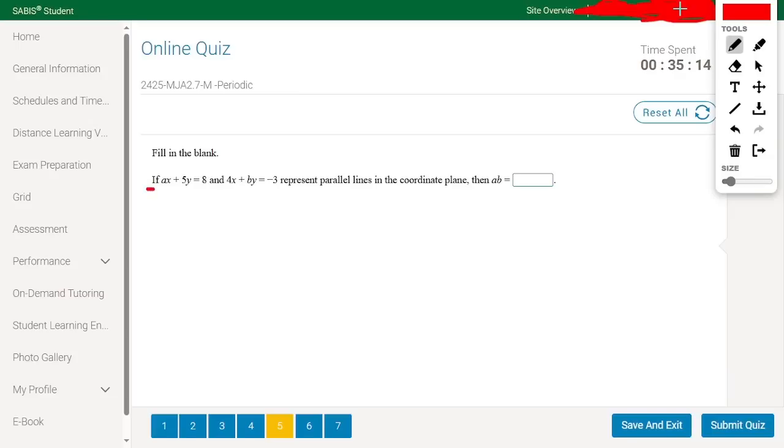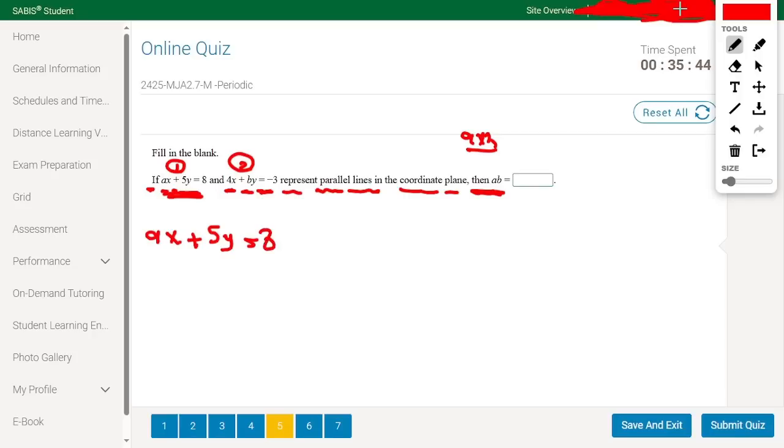Fill in the blank. If ax plus 5y equals 8 and 4x plus by equals minus 3 represent parallel lines in the coordinate plane, then find A times B. This is line 1, this is line 2. Now we want to get AB, that means A multiplied by B. For line 1, we have ax plus 5y equals 8.